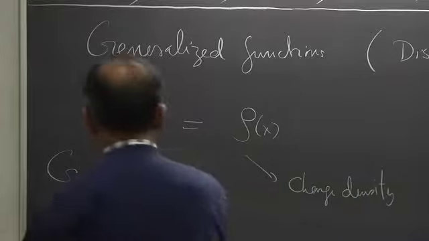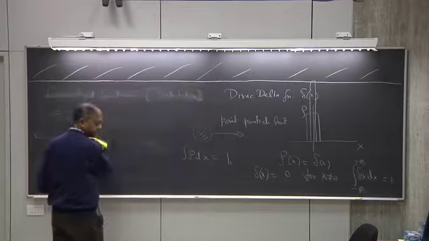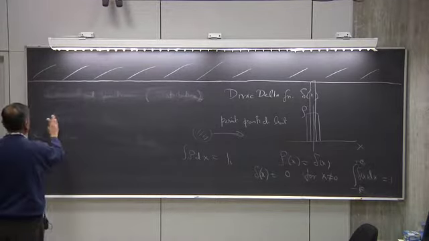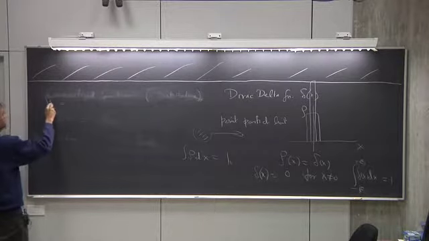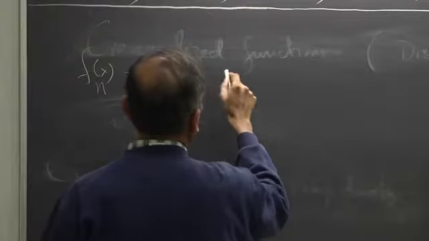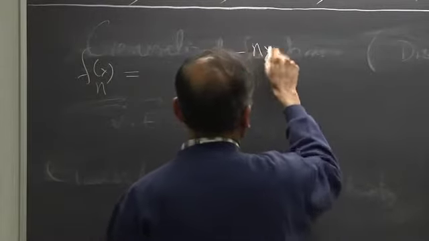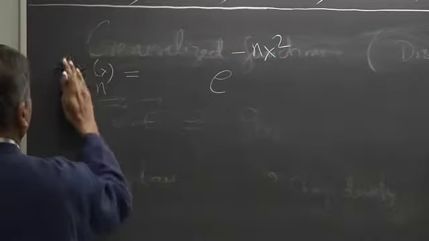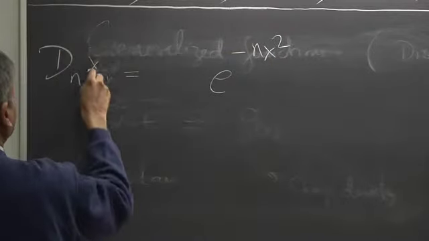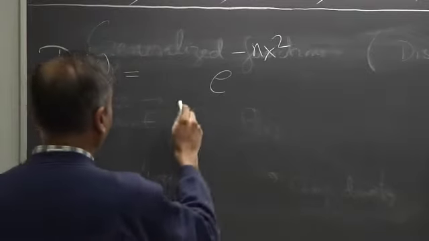But before I discuss this, let's see how one can do this. For example, if I just take a sequence of functions, let's say f_n of x, which is e to the power of minus n x squared. In fact, let me get the normalization straight. In the notes, what is used is capital D_n. I just try to keep the notation of the notes. And the normalization is root n by pi.